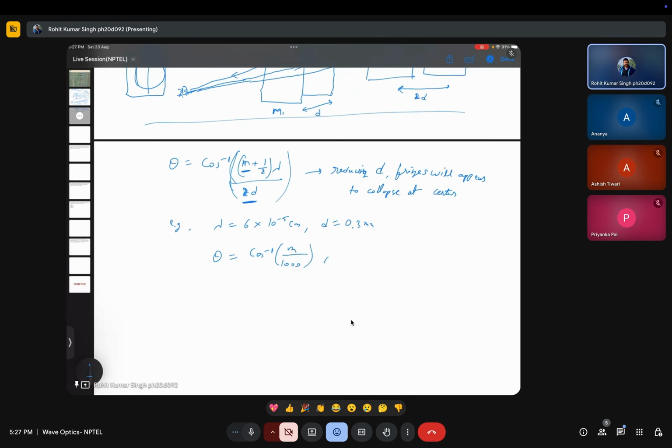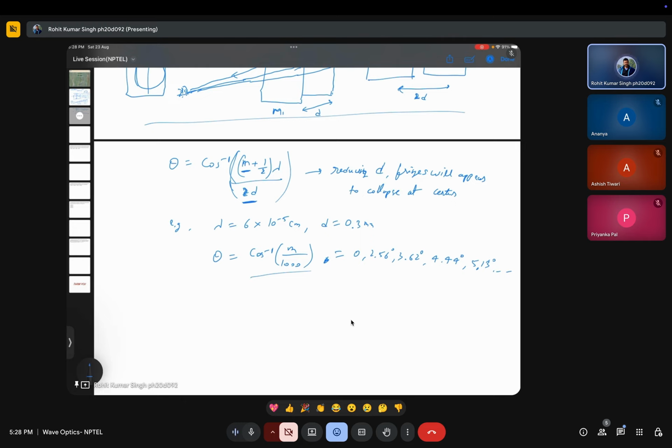For different m, this will correspond to 0, 2.56 degrees, 3.62 degrees, 4.44 degrees, and 5.13 degrees, and so on.